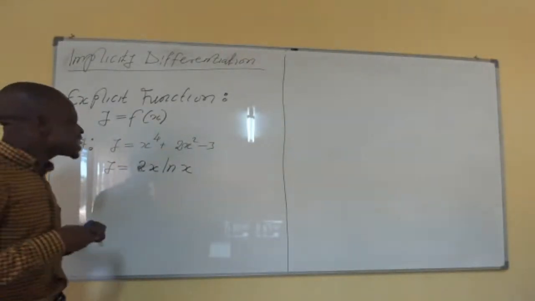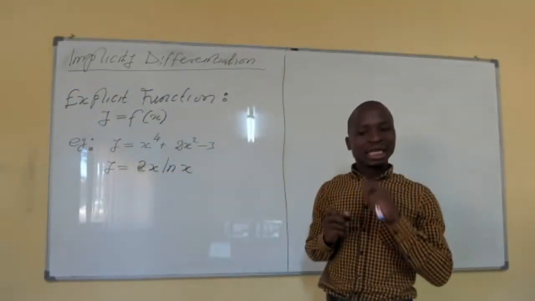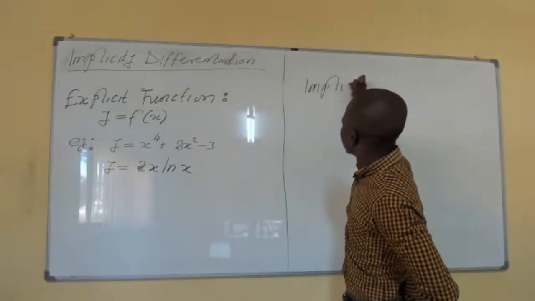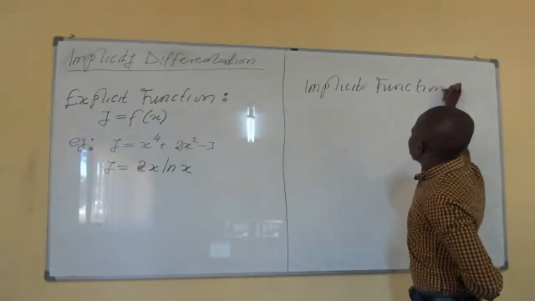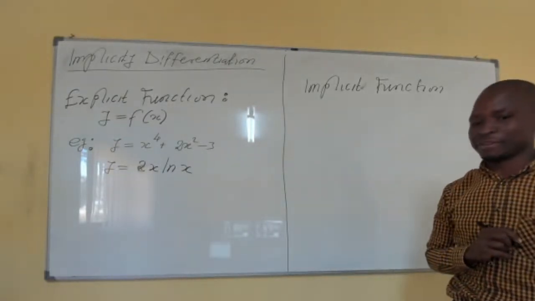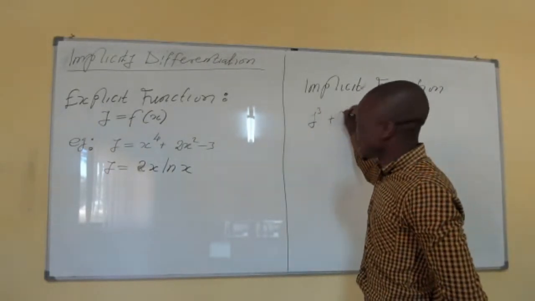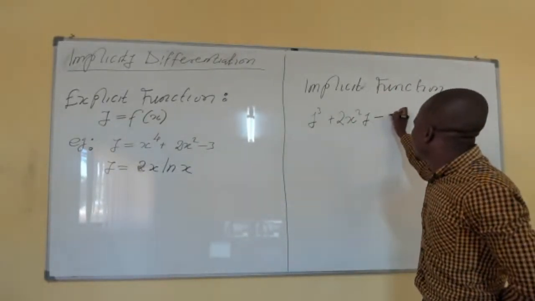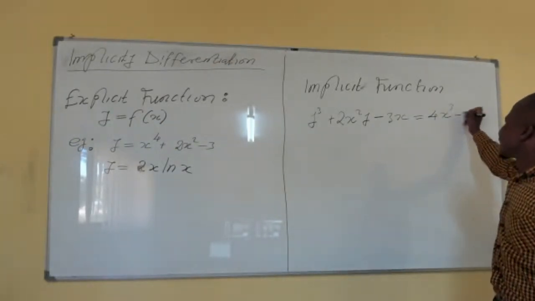Now, there are also other functions which are so difficult to solve for y. These are implicit functions. These are the types of functions where you cannot manage to make y the subject of the formula. An example is y to the power 3 plus 2x squared y minus 3x is equal to 4x cubed minus 4.